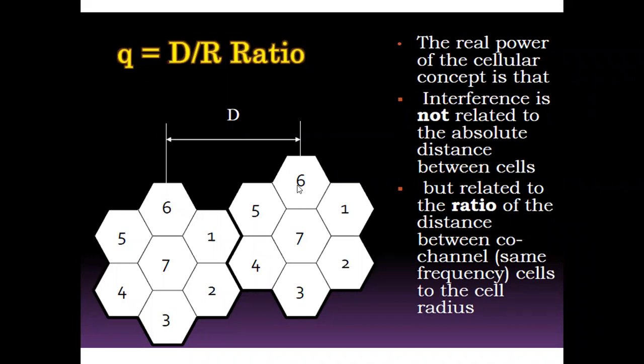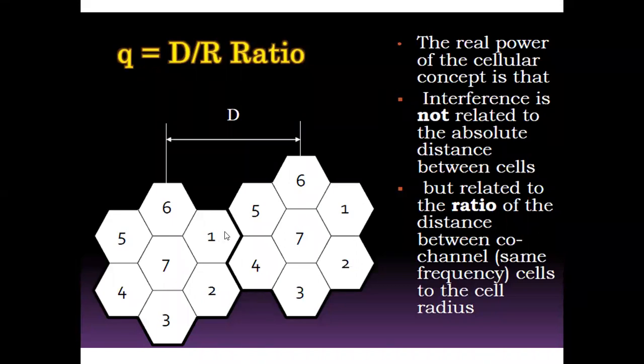6 and 6, these are all individually working as cells. This is cell number 6, this is cell number 1, this is cell number 2, this is cell number 3, this is cell number 4, this is cell number 5, and this is cell number 7. The frequency used by cell number 1 will be the same as the frequency reused by this cell number 1 in the other area.